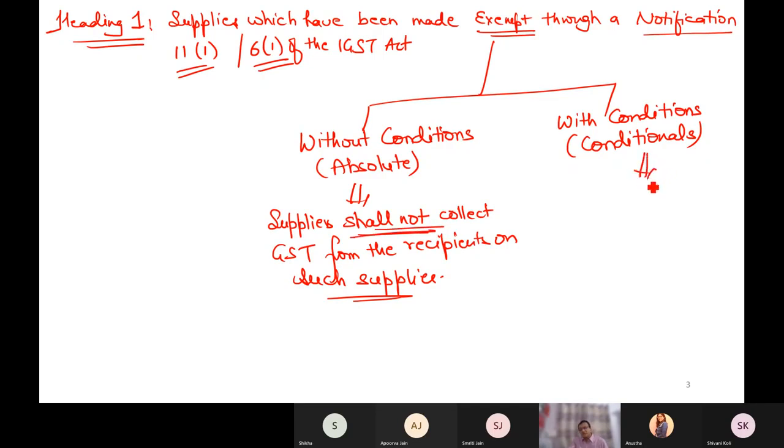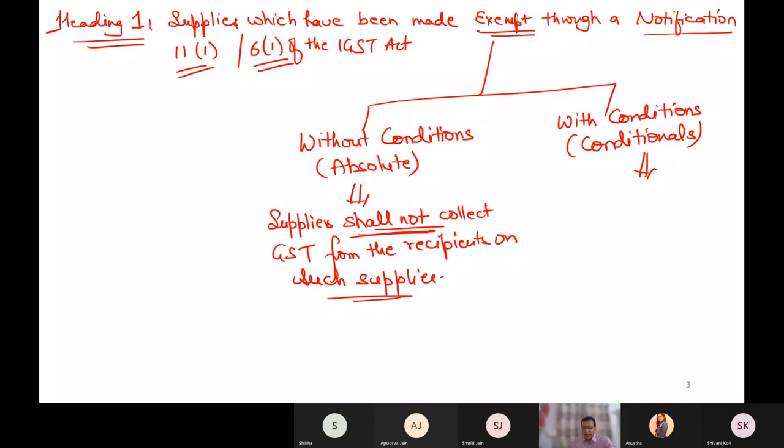In conditional, it depends, because if the supplier has agreed to this conditional exemption, he will not collect the tax. If not, he will collect the tax. But in case of absolute, the act clearly writes that suppliers shall not collect GST from the recipients on such unconditional exemptions, supply without any conditions.